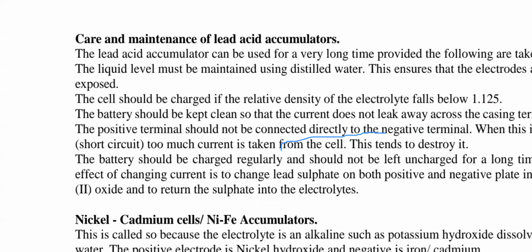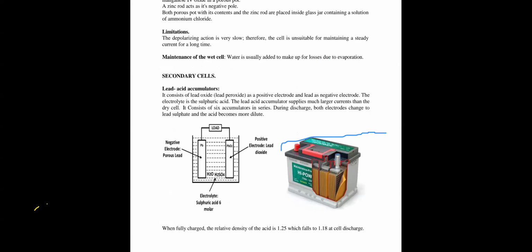First of all, when you talk about how the lead acid accumulator works, before we come to the care and maintenance of the lead acid accumulator, the things you should know are what we started with earlier, when we were introducing our lead acid accumulator. It consists of the lead oxide, which is lead peroxide.